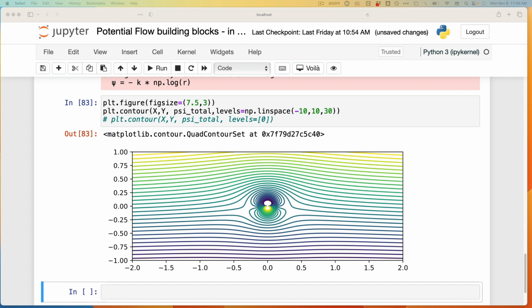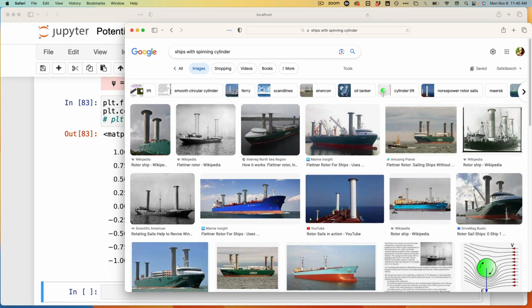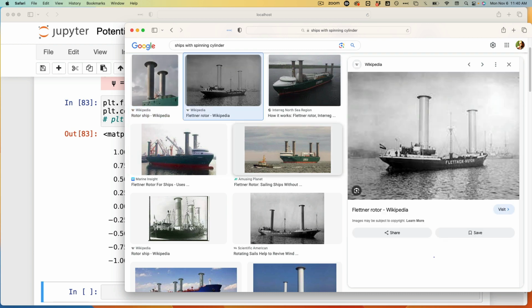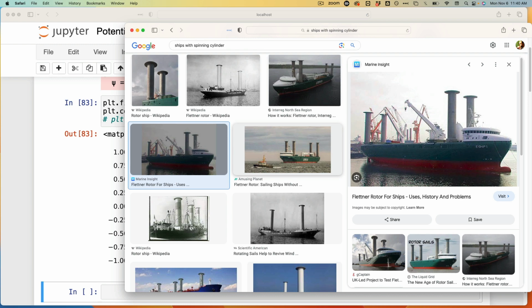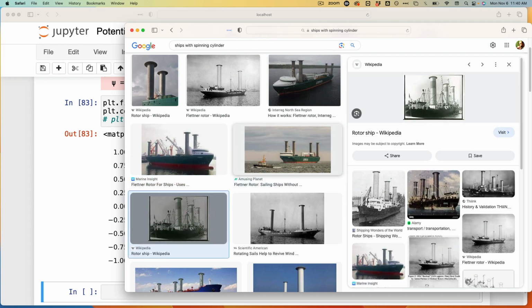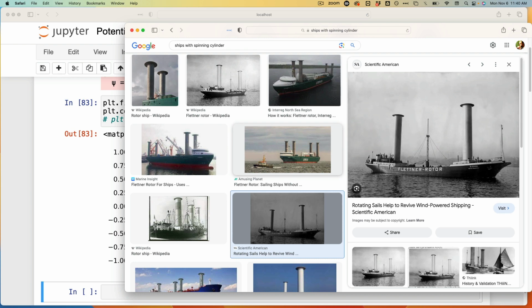Let me see if I can. Yep. This is called a rotor sail ship. See, they have these huge cylinders that spin. And they could make the ship move in all sorts of different directions by adjusting the spinning strength.